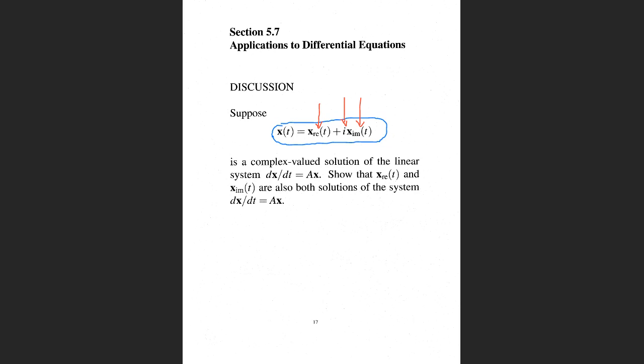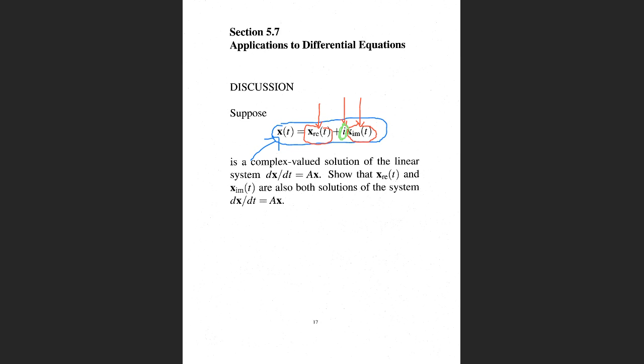Now, what's important to understand is that the components of these vectors, x sub real of t and x sub im of t, are real functions of t. But what makes this solution vector x of t complex is the imaginary i as the coefficient of that second vector.